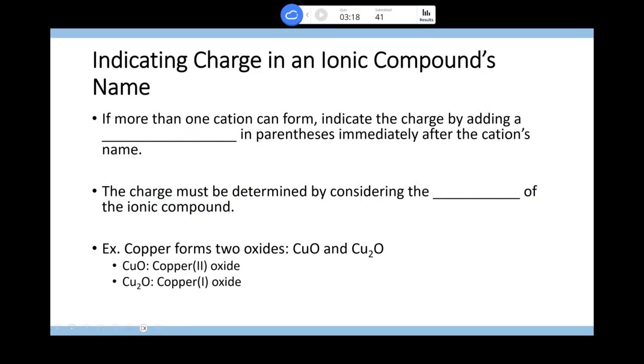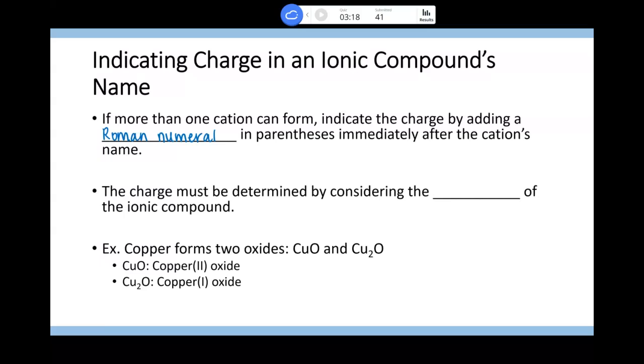Emphasizing or just explicitly writing all of this, if more than one cation can form, we indicate the charge by adding a Roman numeral in parentheses immediately after the cation's name. Two examples at the bottom of the page there.